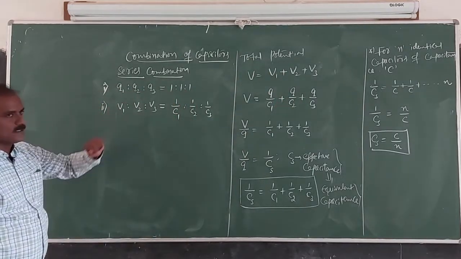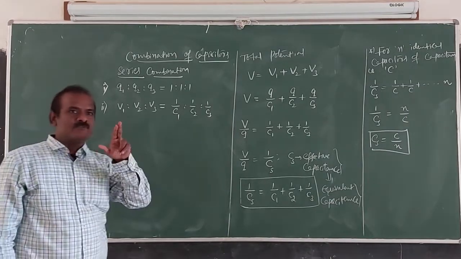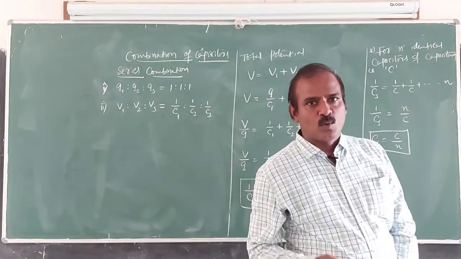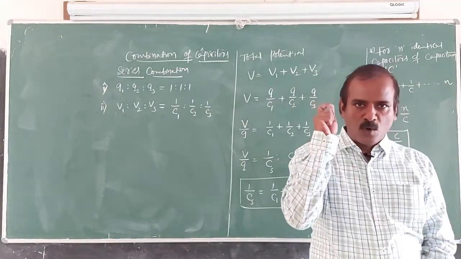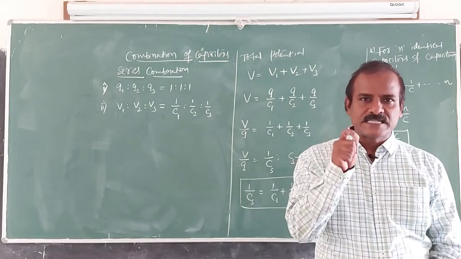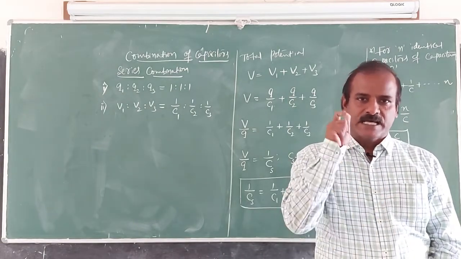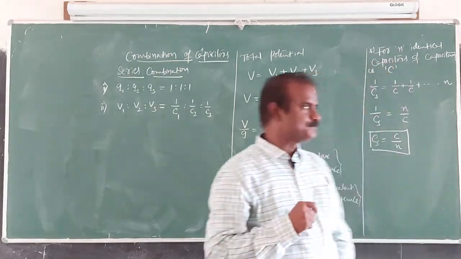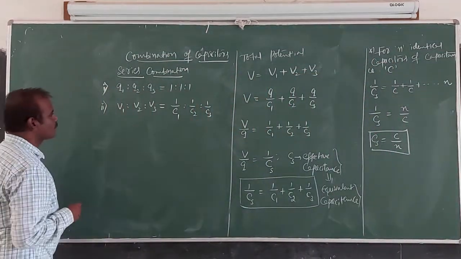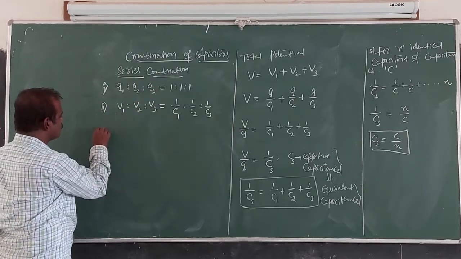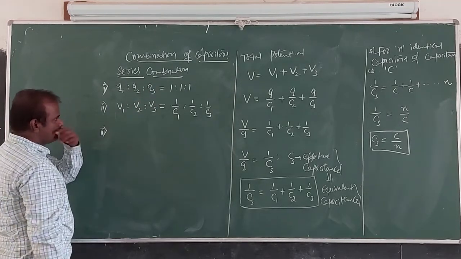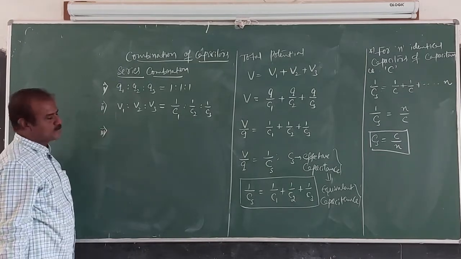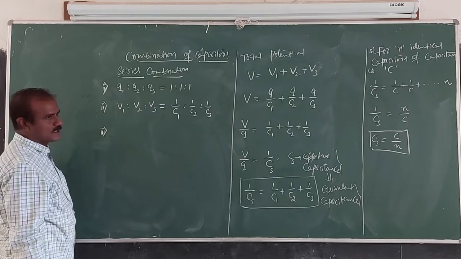Hence, more potential difference if there is less capacitance, because the charge is the same. The one capacitor will get more PD between the plates if its capacitance is less. The other capacitor's PD would be lesser if its capacitance is more. Well students, when potential divides like this, you have this relation you can account.